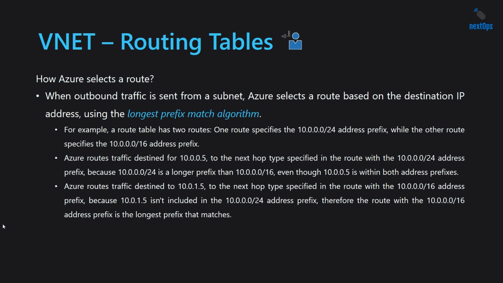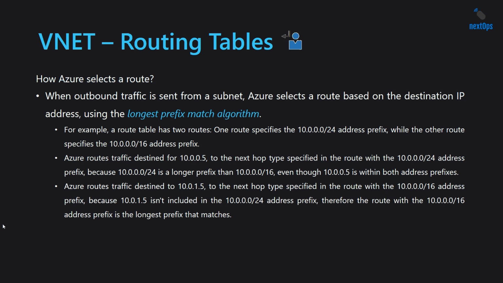This means the destination machine 10.0.0.5 falls under both CIDR blocks. But our routing table has two routes which specify /24 and /16. So how does Azure select which route to choose to communicate with 0.5?